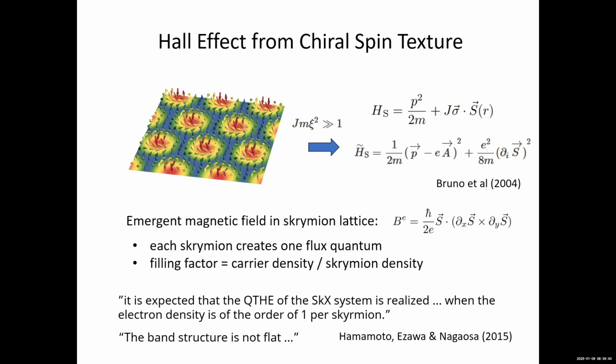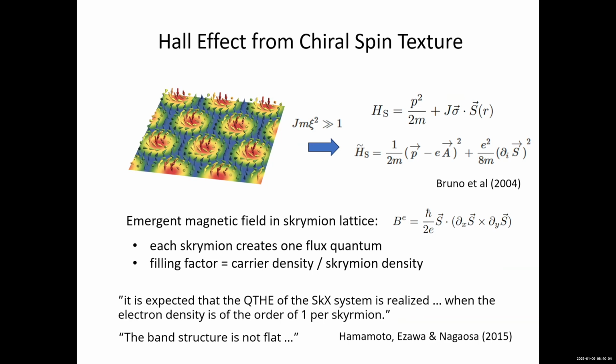And this effect, to my knowledge, has not been seen. The same authors also pointed out in the same paper that even though the integer quantum Hall effect could be theoretically speculated, the resulting bands are not the same as Landau levels. In particular, they're not flat, and that's because the emergent magnetic field is not perfectly uniform.